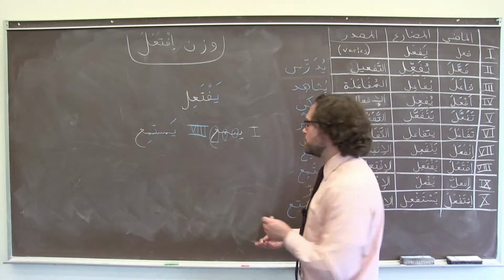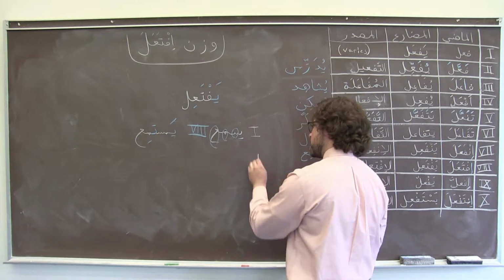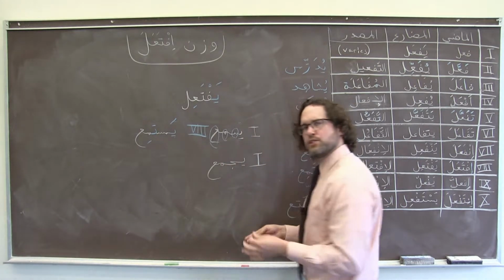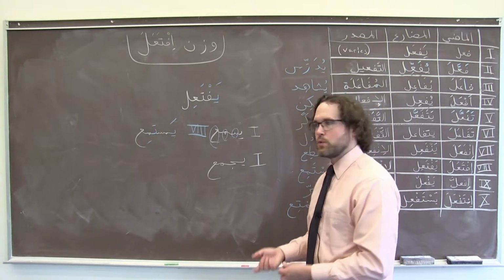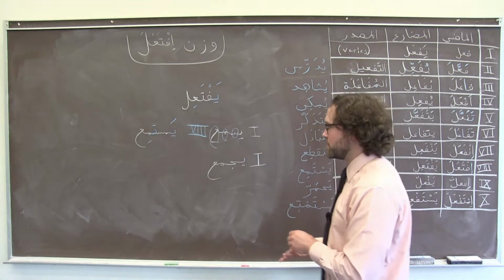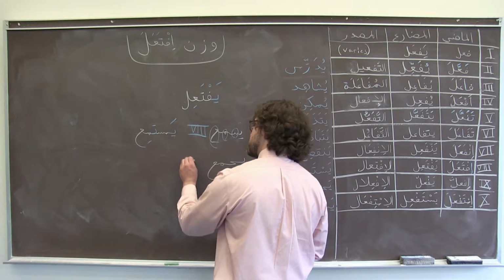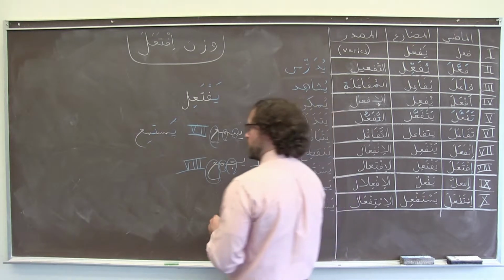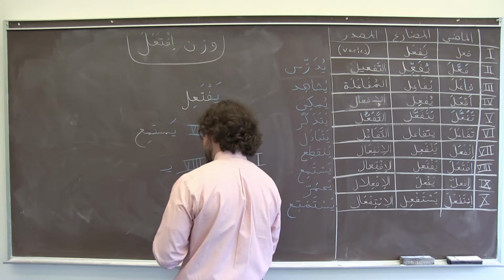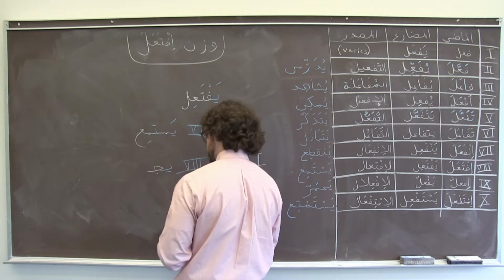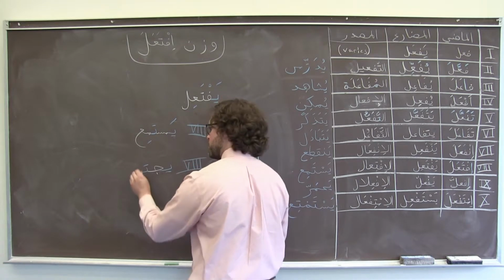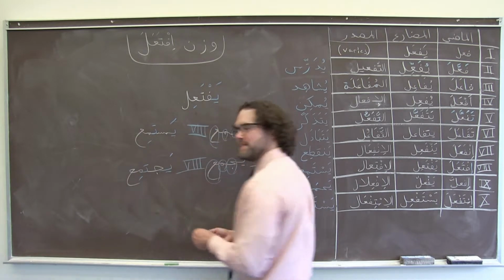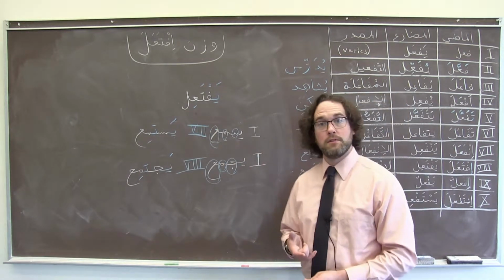Another good example would be the form 1 verb yajma', which means to gather, like gathering apples in a basket or papers in a binder, something like that. And in form 8, we can take the same judr and wind up with yajtami', which is a verb that specifically means getting together, as in a group of individuals.